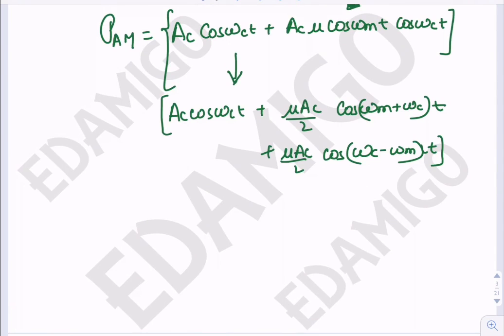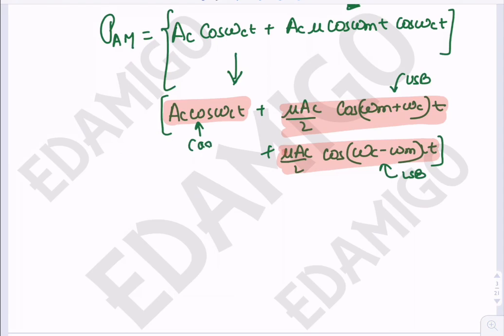Now we can see that this is the carrier, this is the upper sideband and this is the lower sideband. Now if I want to find the power, the carrier power is AC square by 2.